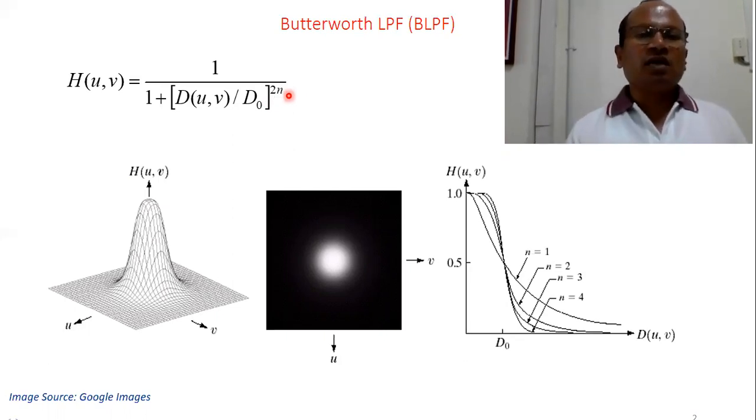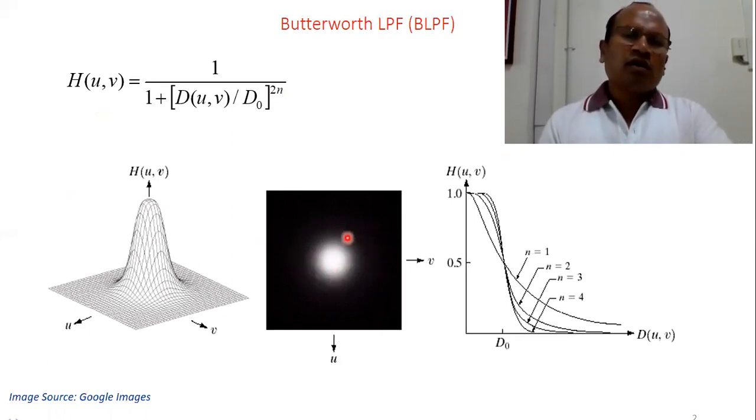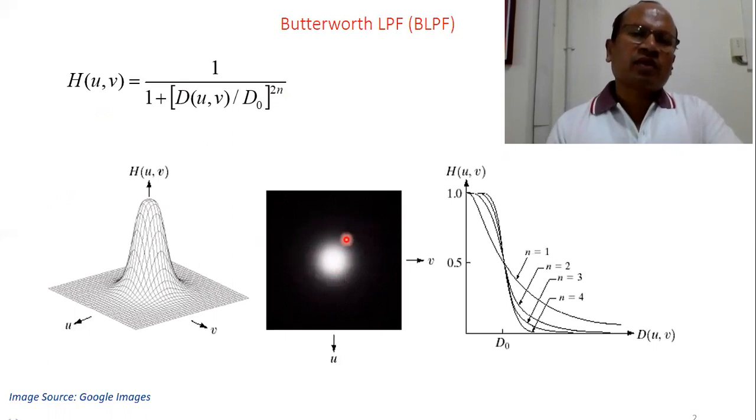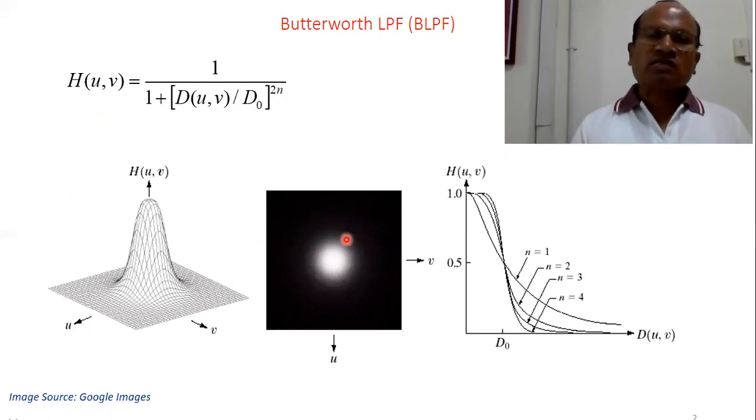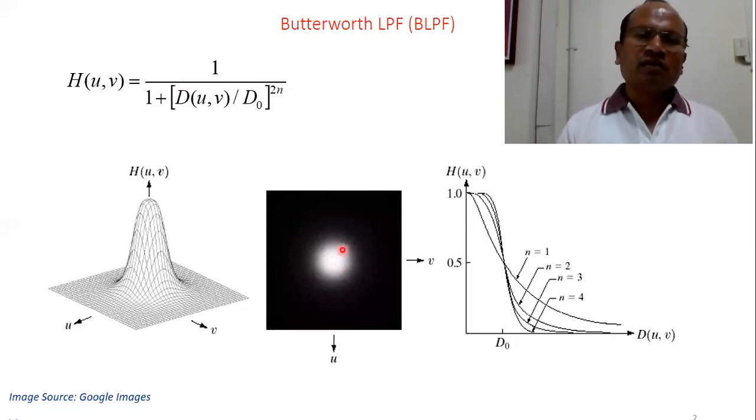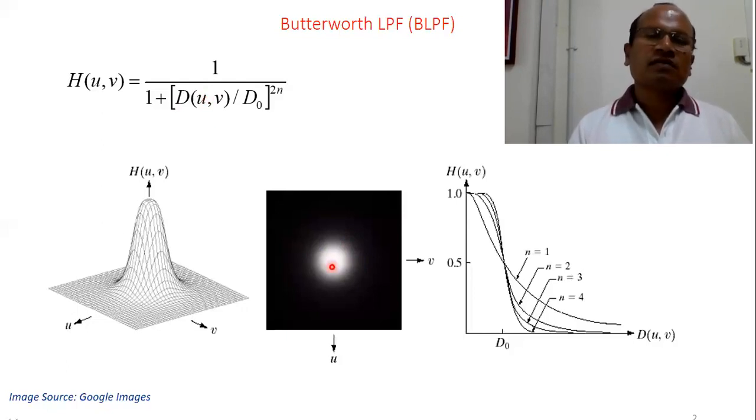This is the 3D view, and this is the cross-sectional view, where you can see that we always perform low pass filtering with respect to the center, and the distance D(u,v) is always calculated with respect to this center.